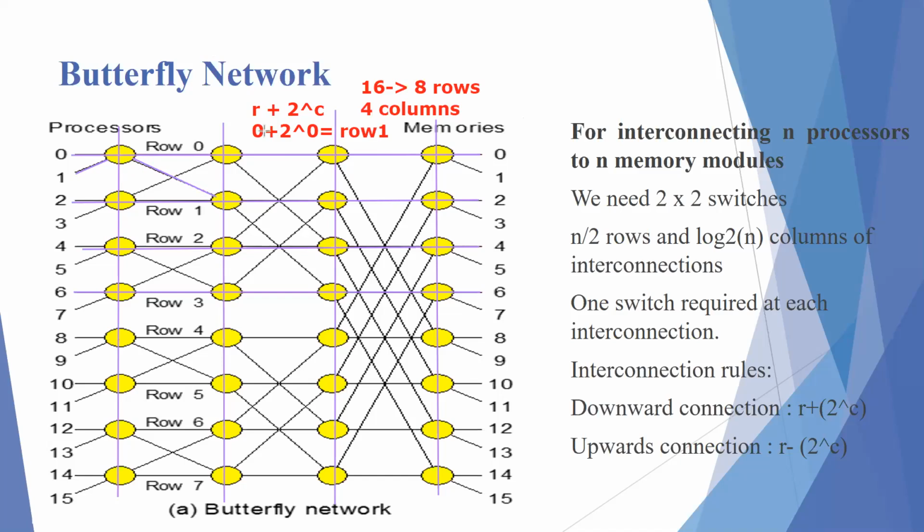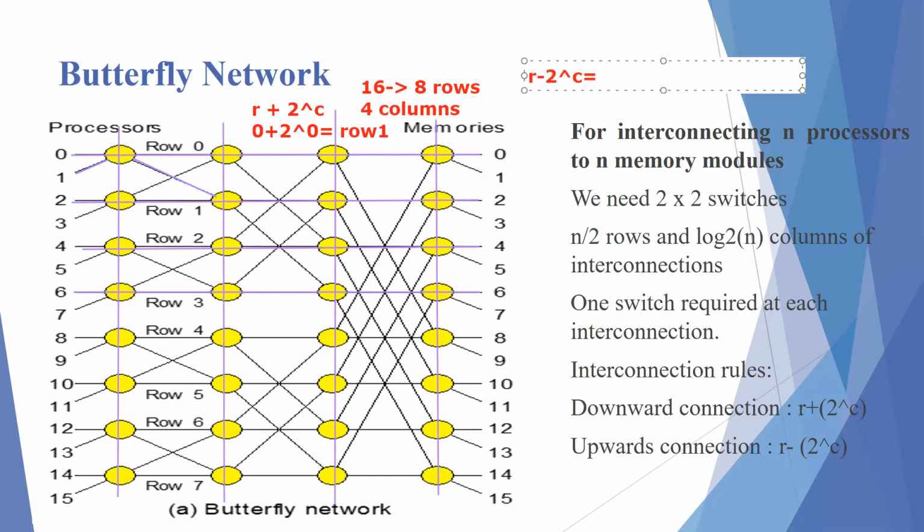Okay, let's see the next one. For this switch, we have two inputs, one horizontal output and one slanting output, one cross output. Done. Let's see the next one. This is row 1, column 0. This is already on the downwards part. The cross connection has to go upwards, but where, that I have to see. Again, the formula that applies is row minus 2 raised to the power column number.